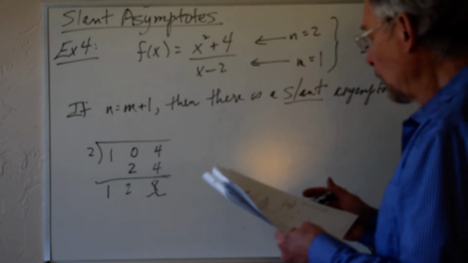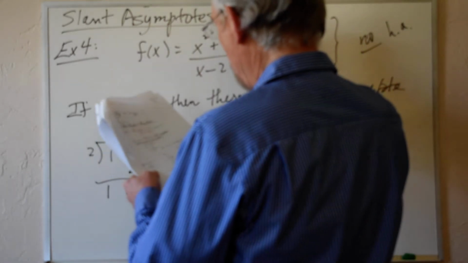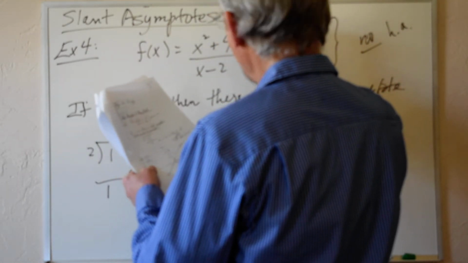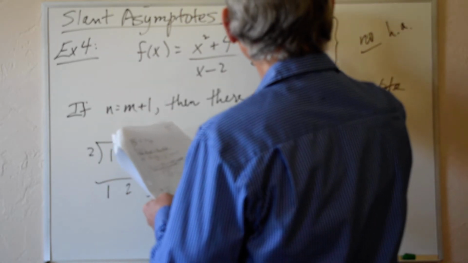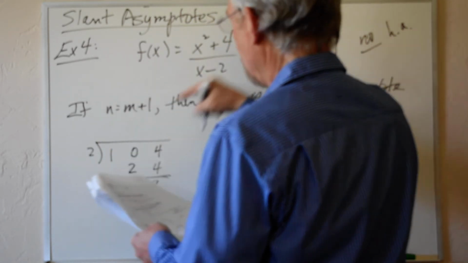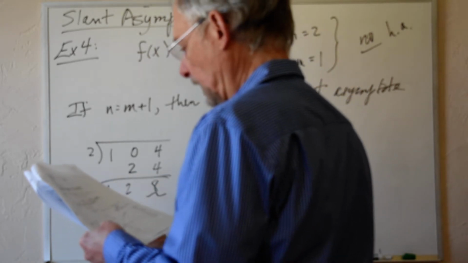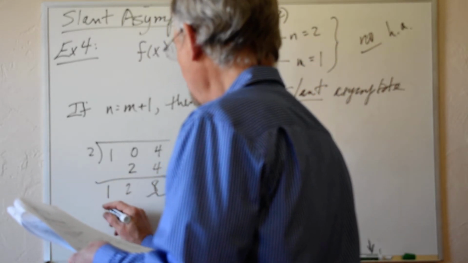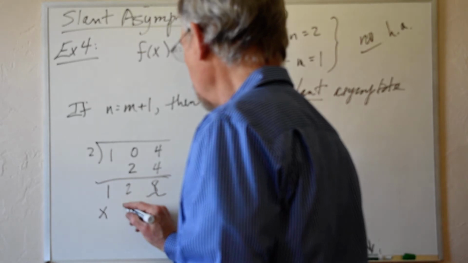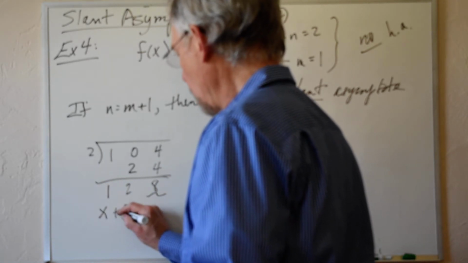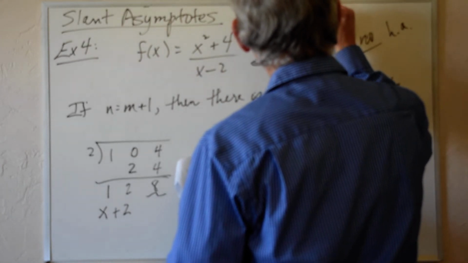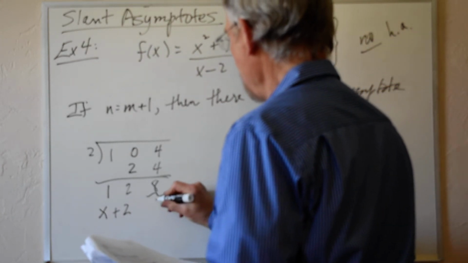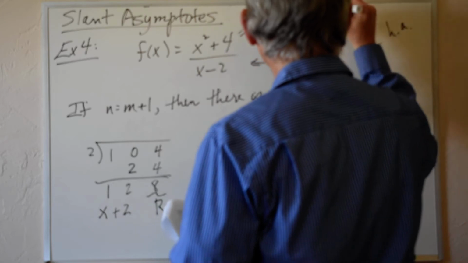But it also tells you this, that x squared plus 4 equals this factor times this factor. Remember, that's the x column, this is the constant column. So this factor here is x plus 2. And there is a remainder of 8.